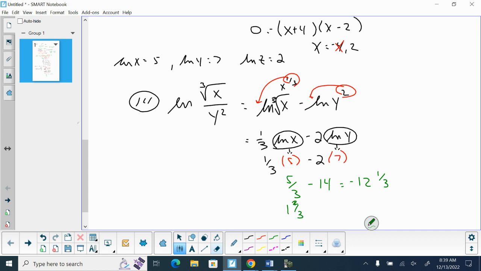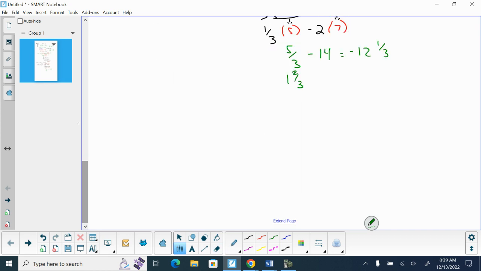Other questions on the back? On number 12, go ahead. Number 11. Number 11, we have ln of x squared y cubed over z.